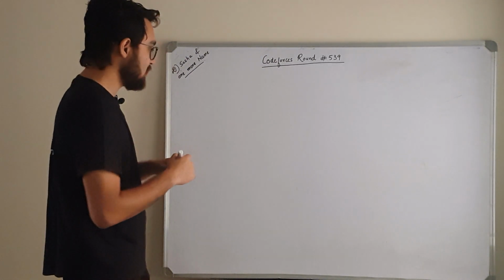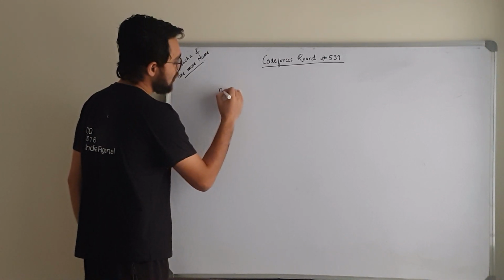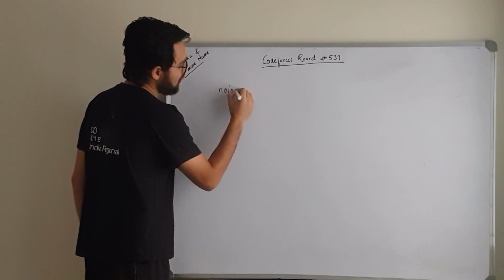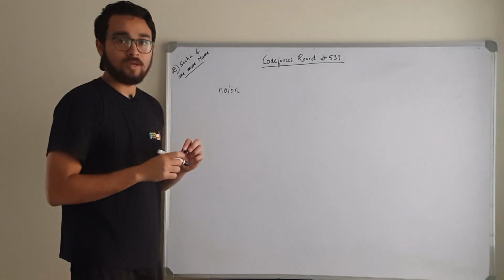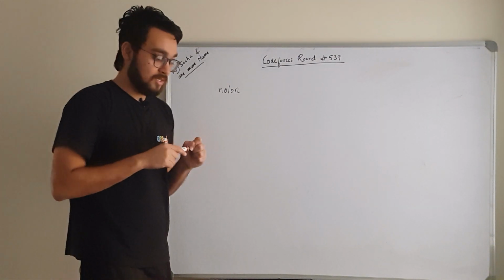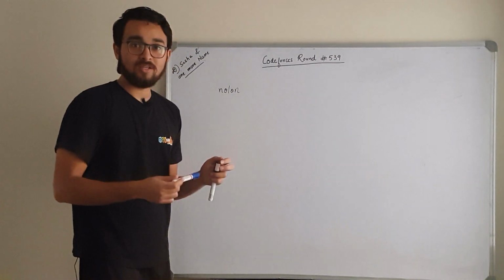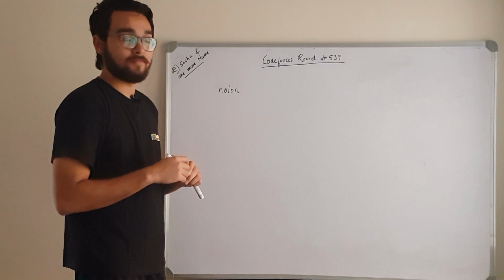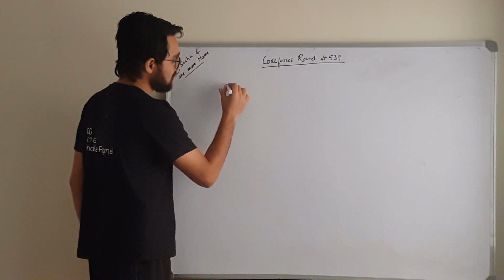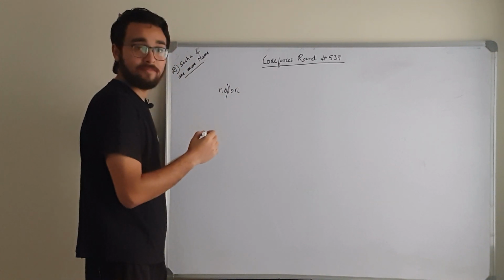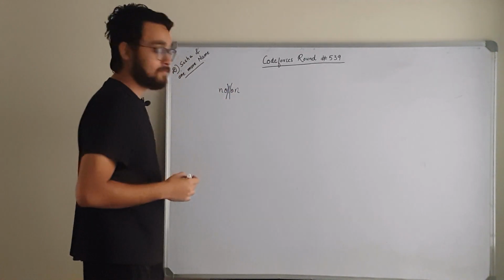So what we are given is a palindromic string. Now what we can do is cut this palindromic string into multiple parts. What do I mean by that? Say you place a cut here and a cut here.